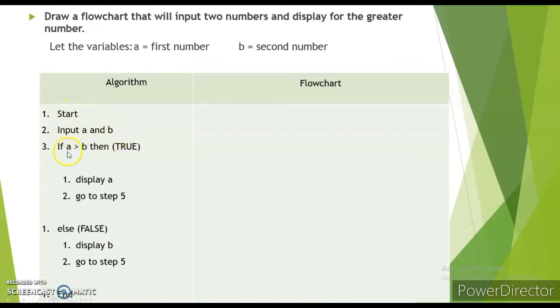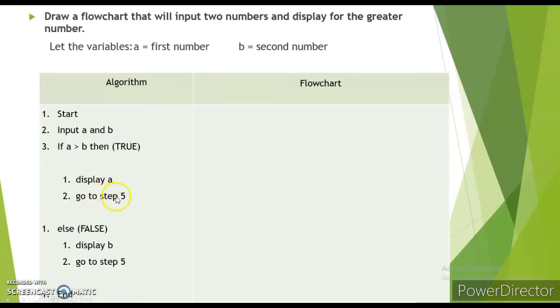So, in this part, we're going to use the condition if. Okay. So, if statement, gagamitin natin. So, if A is greater than B, then true. So, ang pupunta nun, will display A, then go to the step 5.